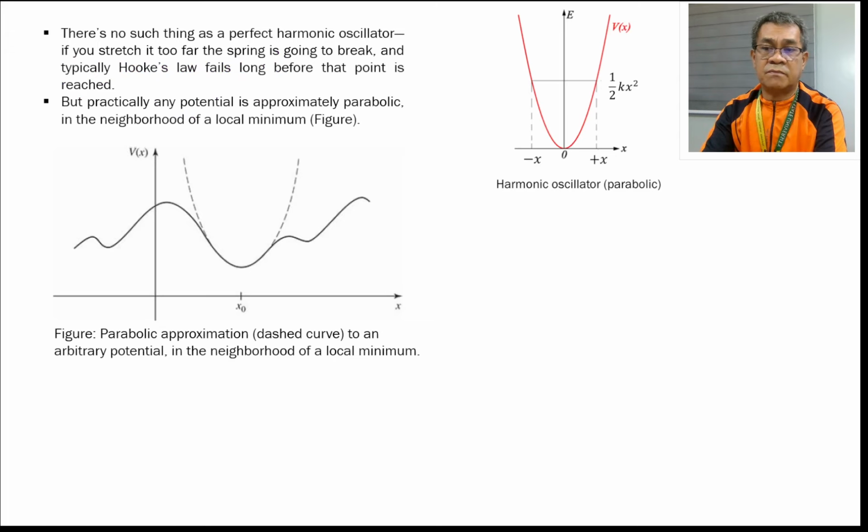Let us say the potential energy is varying depending on x. So it's a kind of distorted oscillating potential energy. But if we look at its components, we can see the parabolic parts.